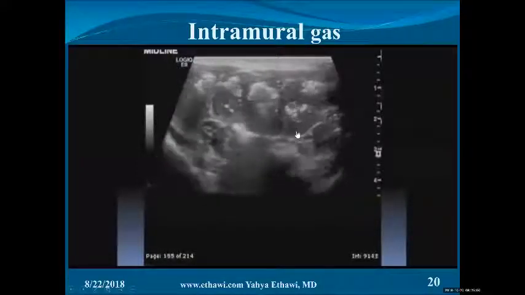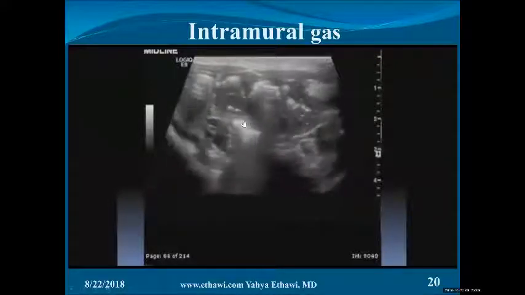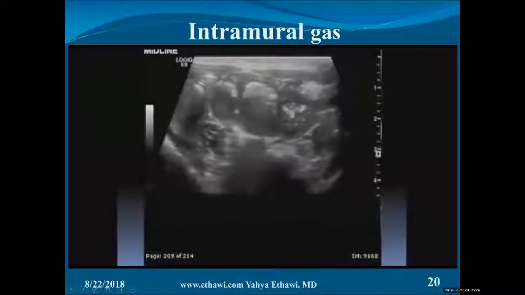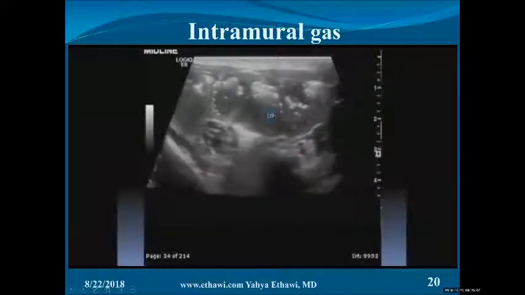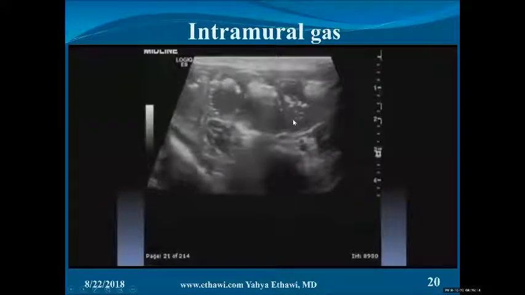You can see here lots of intramural gas. This dot, this dot, this dot, this dot, and you can see none has a comet. Only down there is comet tail. This one has comet tail, but others no, and all are dots in the bowels. Correct.